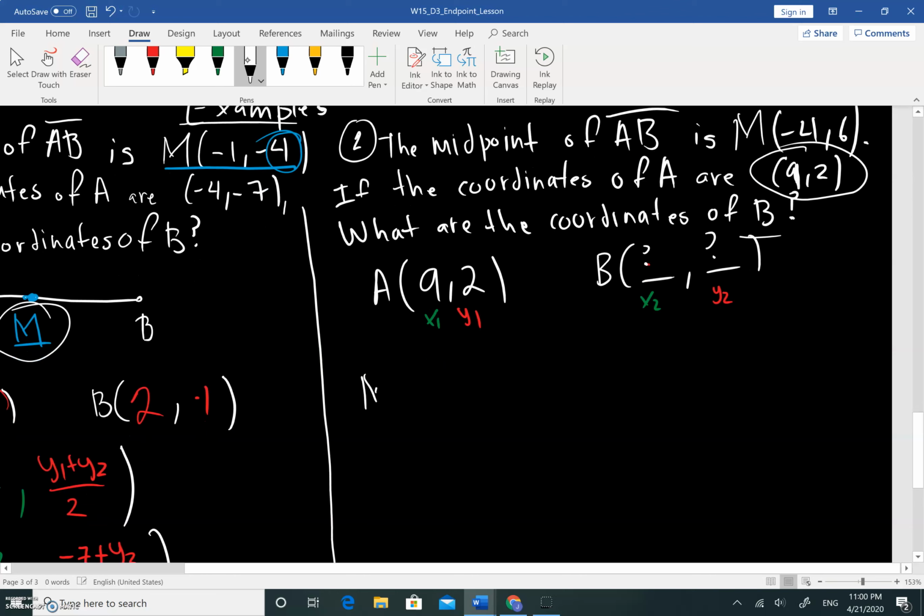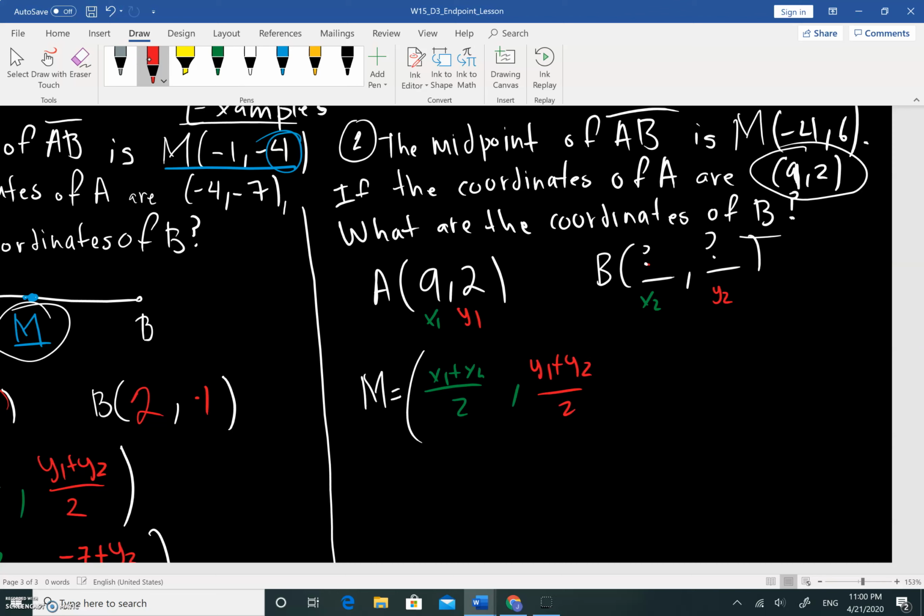And we use our formula, m is equal to, remember it's (x1 plus x2) divided by 2, comma, (y1 plus y2) divided by 2. And now we go ahead and substitute.